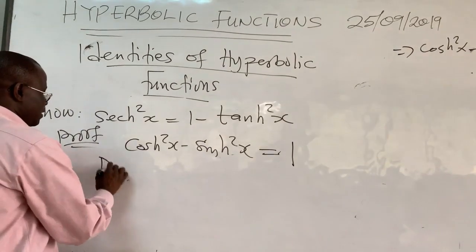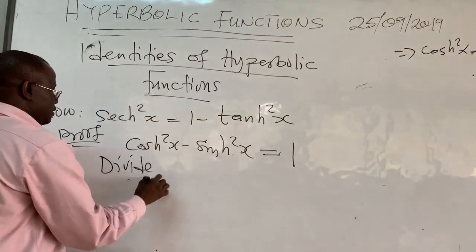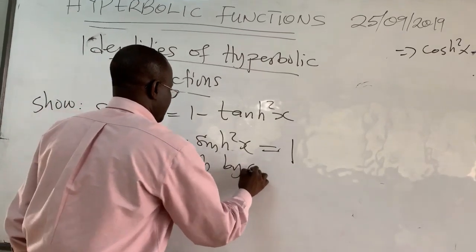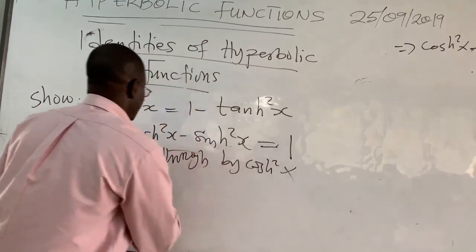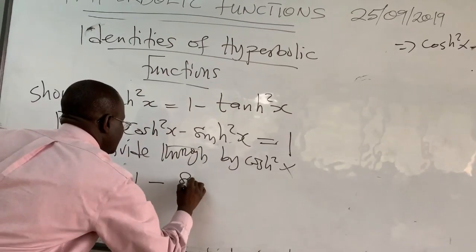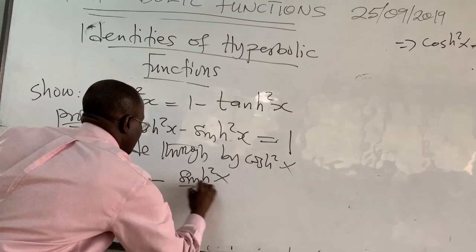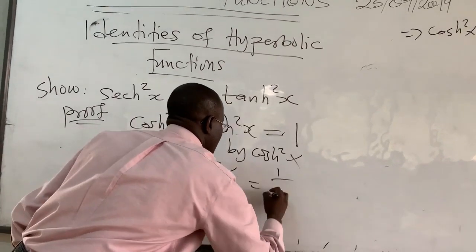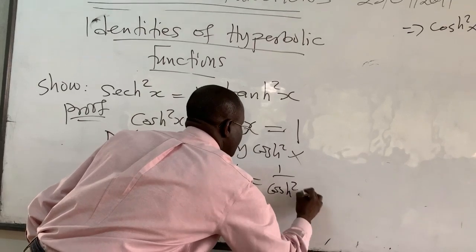Okay, so divide through by cosh squared x. And this gives me 1 minus sinh squared over cosh squared x is equal to 1 over cosh squared x.